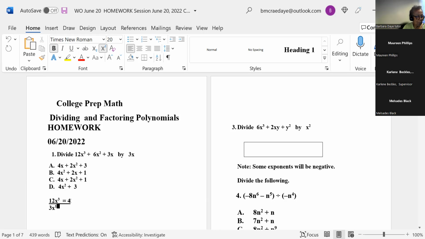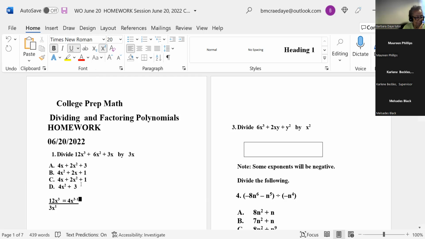You subtract. You subtract the exponent of the denominator from the exponent of the numerator. So that becomes x to the third minus 1. That's the way it would look.